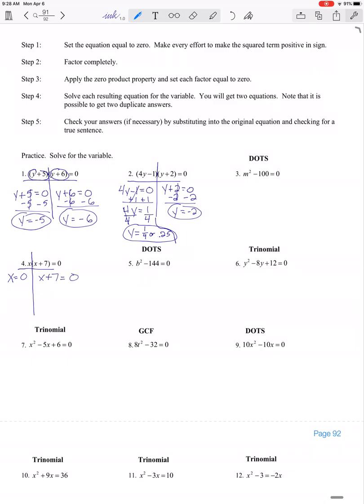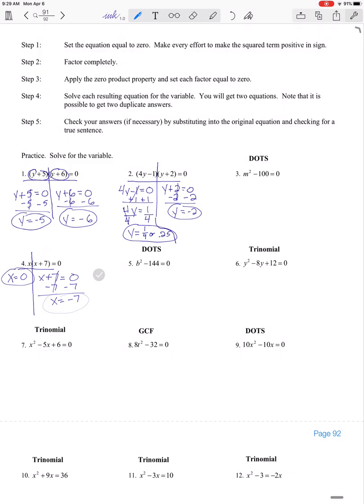On the left side, x equals 0, I don't have to solve anything. X is by itself. So I move on to the next equation. I subtract 7 on both sides, and I get x equals negative 7. So I have x equals 0 and x equals negative 7.